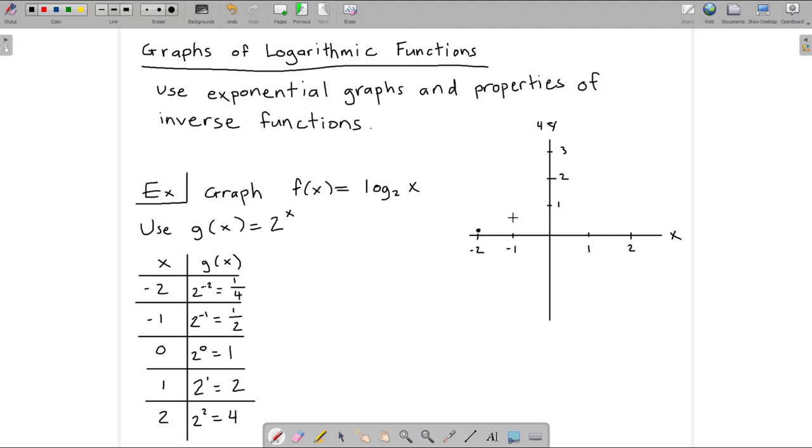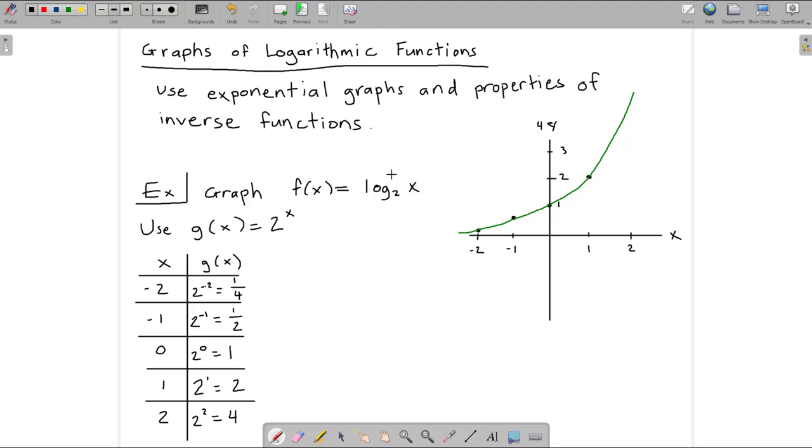Negative 1 comma 1/2 will be right here. 0 comma 1 will be right here. 1 comma 2 will be here. 2 comma 4 will be way up here. I'll trace those in green. So I have something like that. I didn't quite pass through this 4, but it's going to look something like this for our exponential function.